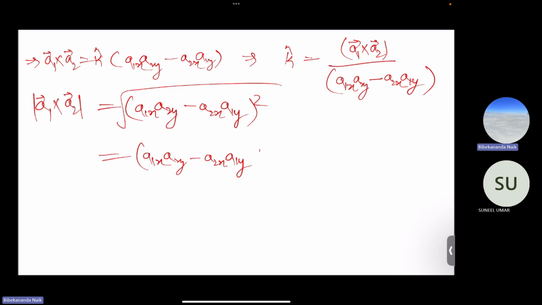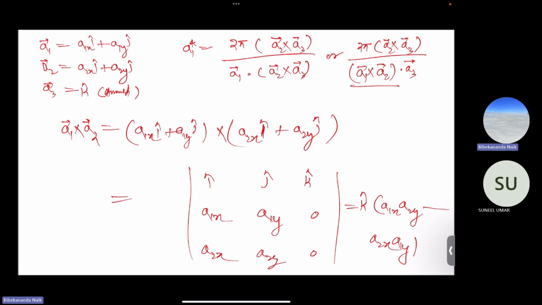Now, we can calculate this value later, because this value will be only A2 vector dot... one minute. So again we need to calculate the value of A1 vector cross A2 vector dot k cap.